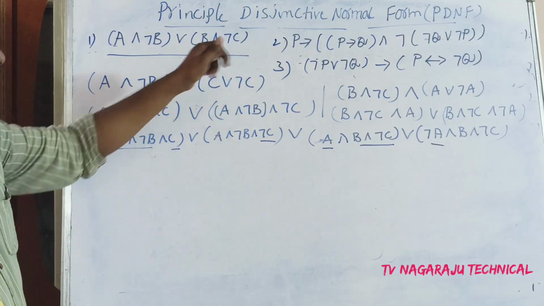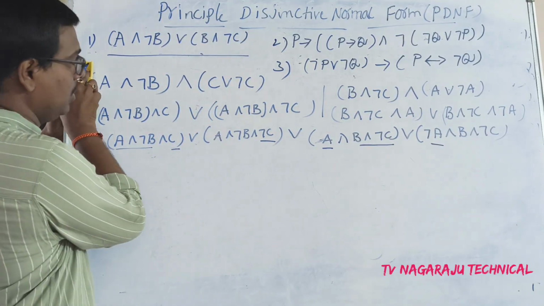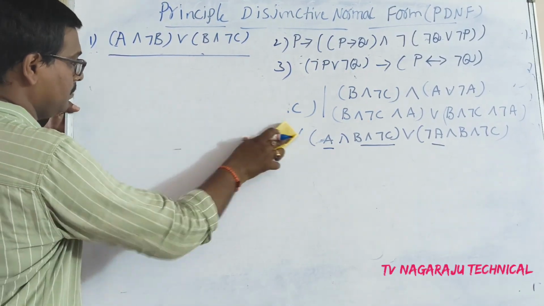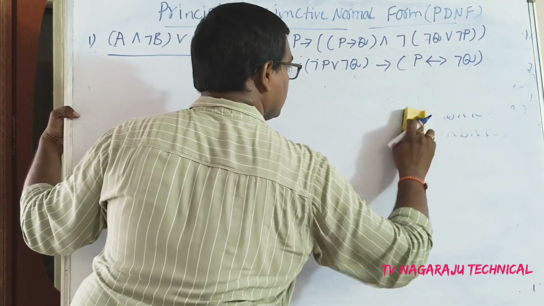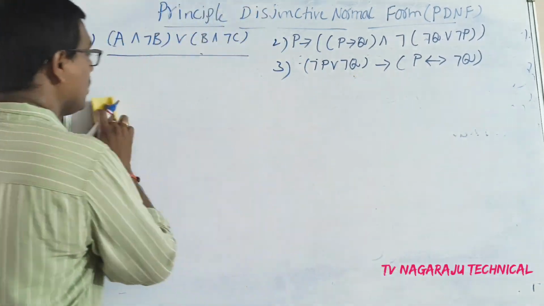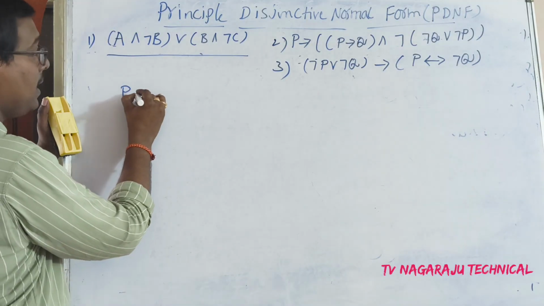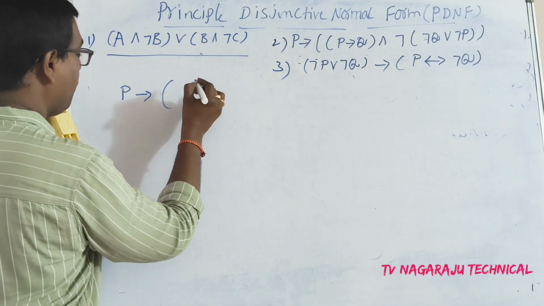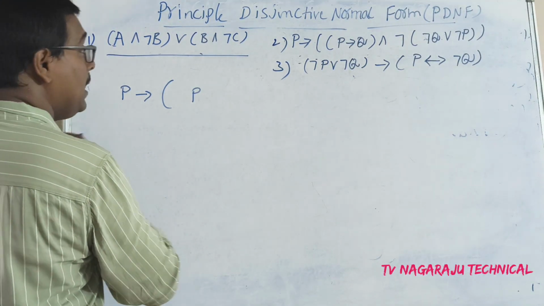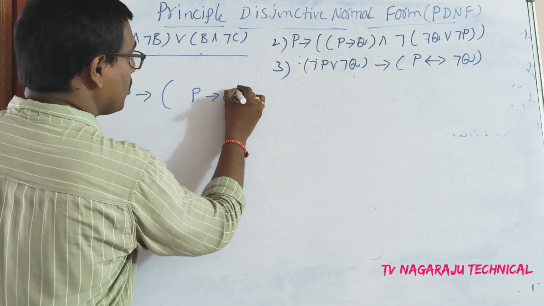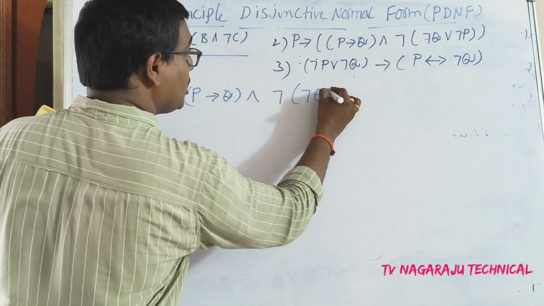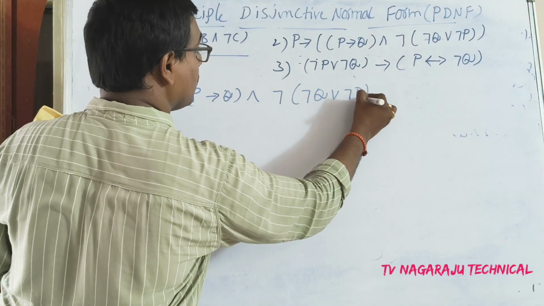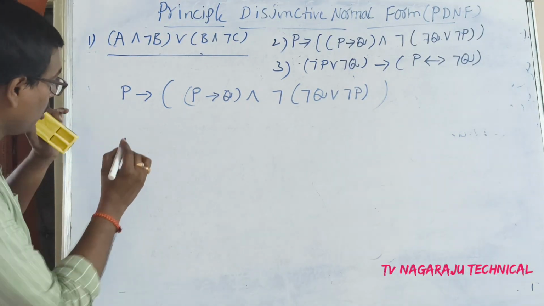Clear? Now move to the second example. Second one is P implies Q, and negation Q or negation P. Now how do you write?